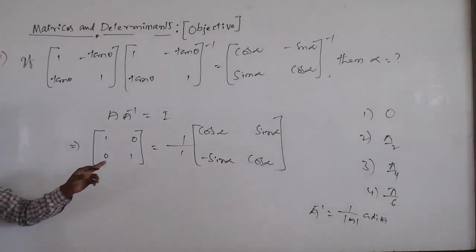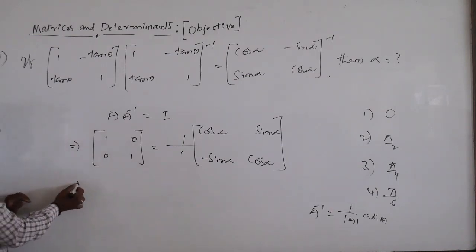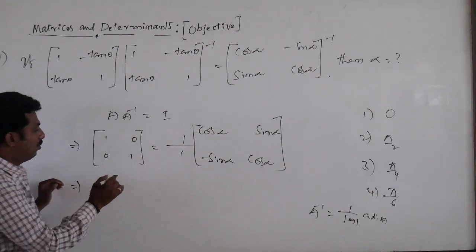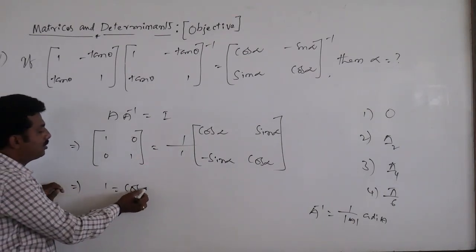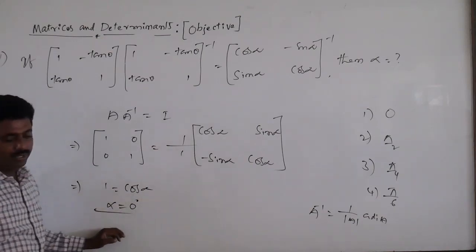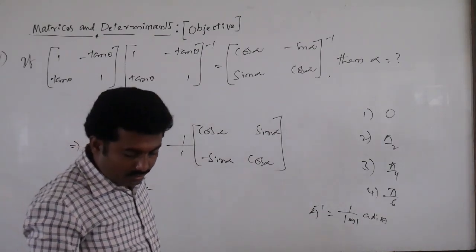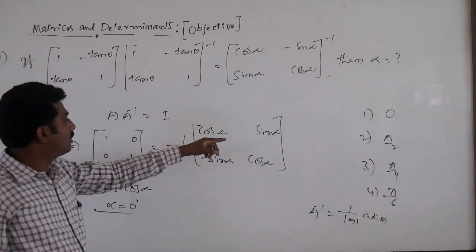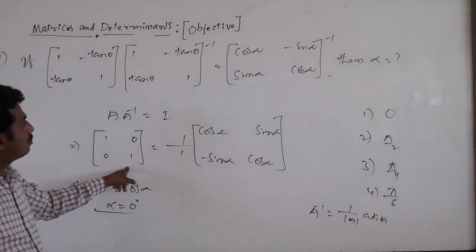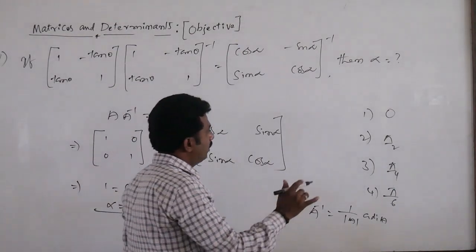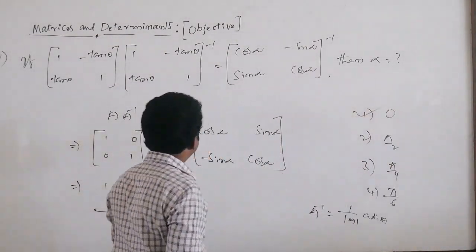Now these two matrices are equal, which means corresponding elements must be equal. So from this, 1 equals cos alpha, so alpha equals 0 degrees, that is 0 radians. Cos alpha equals 1 and sin alpha equals 0. So finally alpha equals 0 degrees.